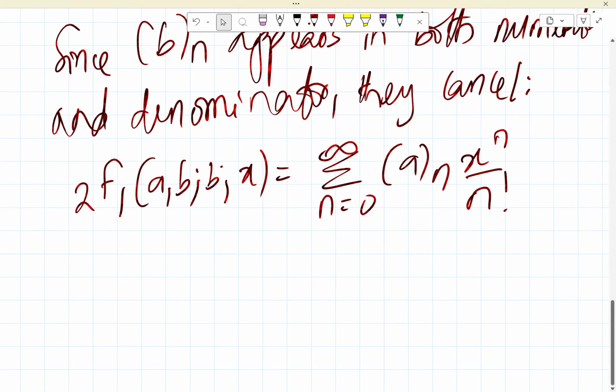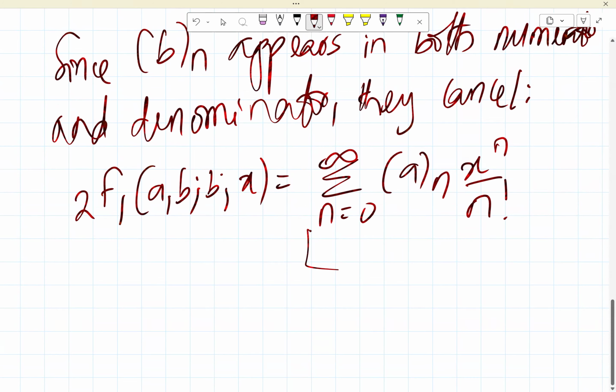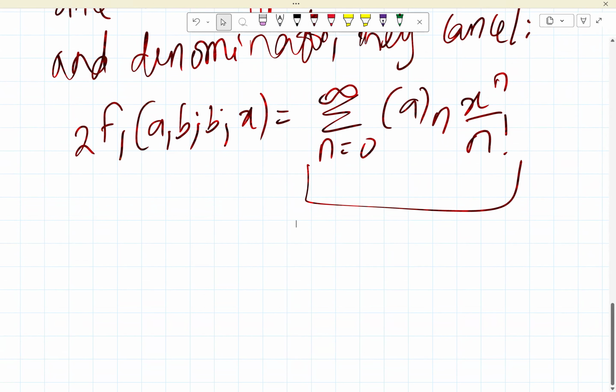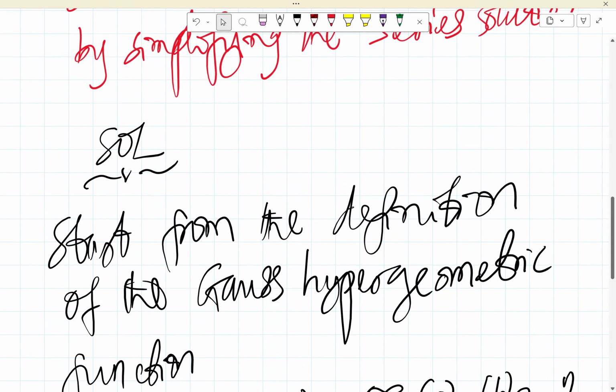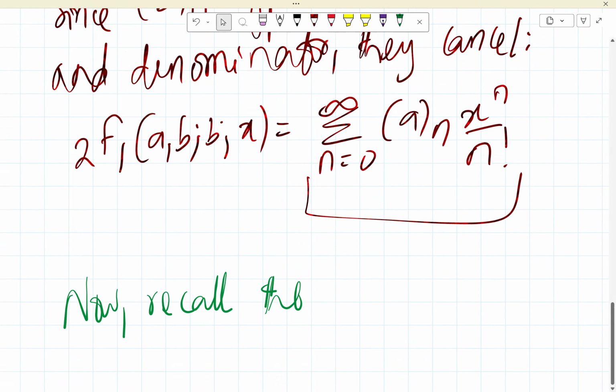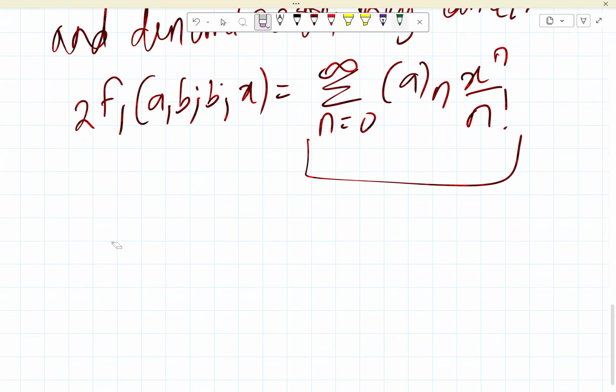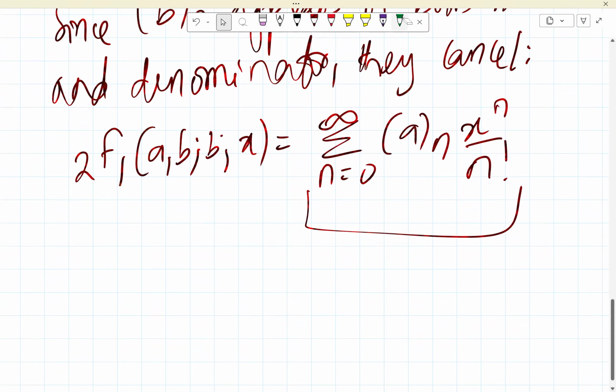Okay, so this expression itself, we can recall. The question itself says to do that by simplifying the series solution. Let's just go ahead and do the simplification as much as we can.